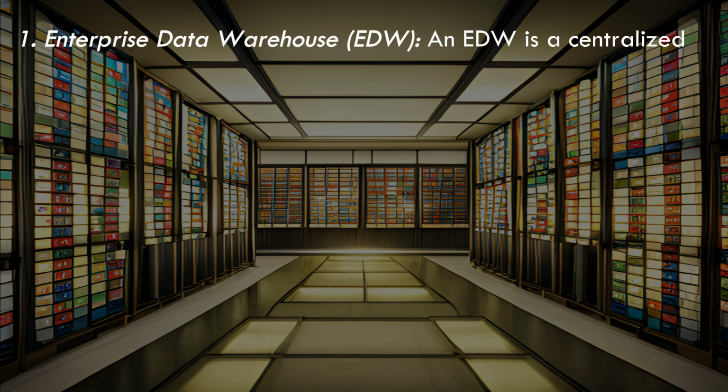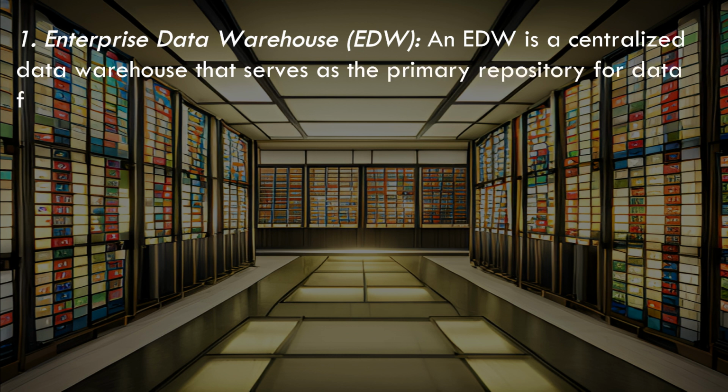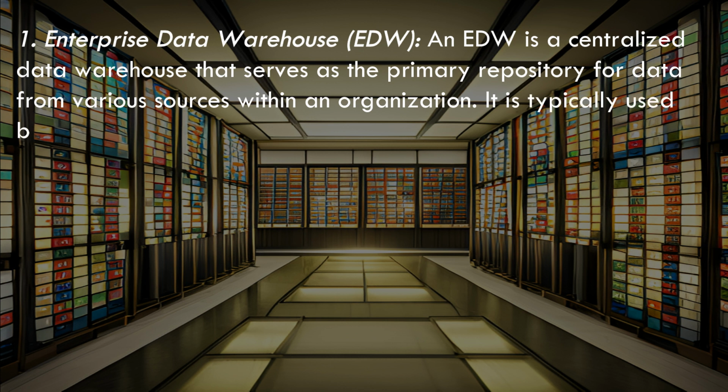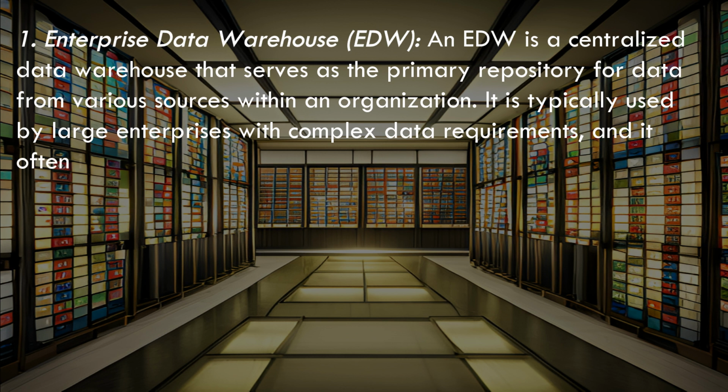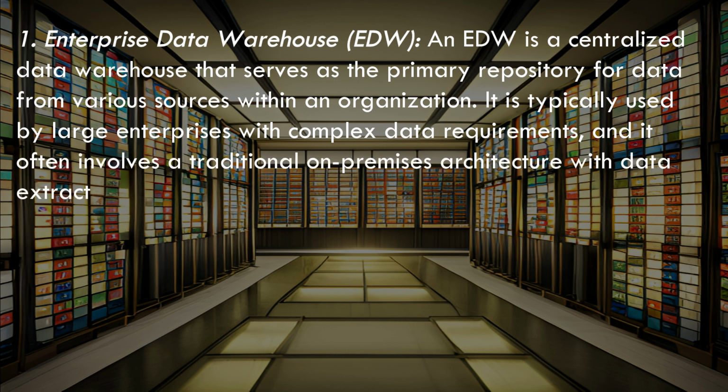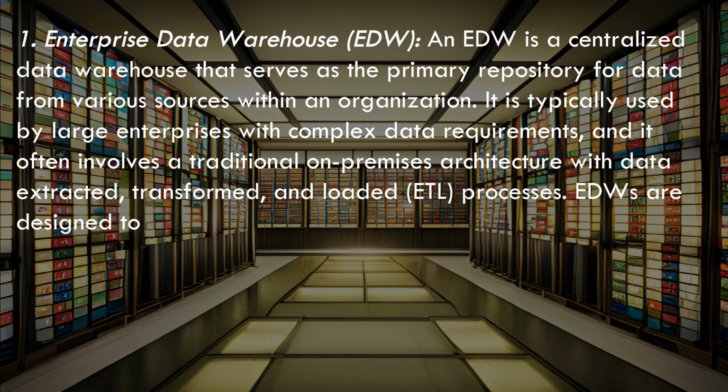An EDW is a centralized data warehouse that serves as the primary repository for data from various sources within an organization. It is typically used by large enterprises with complex data requirements, and it often involves a traditional on-premises architecture with data extracted, transformed, and loaded (ETL) processes.